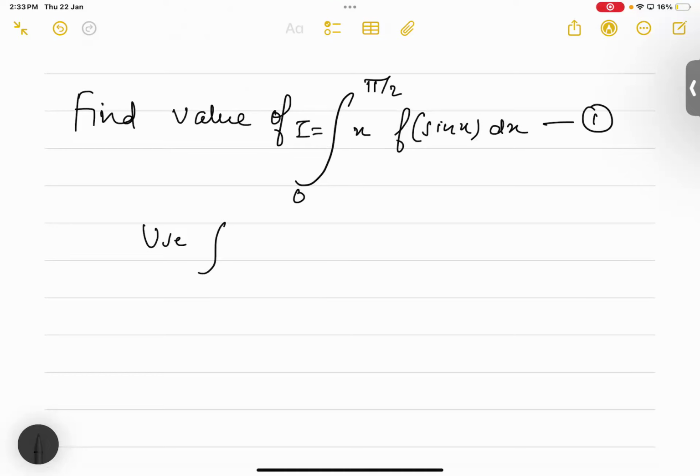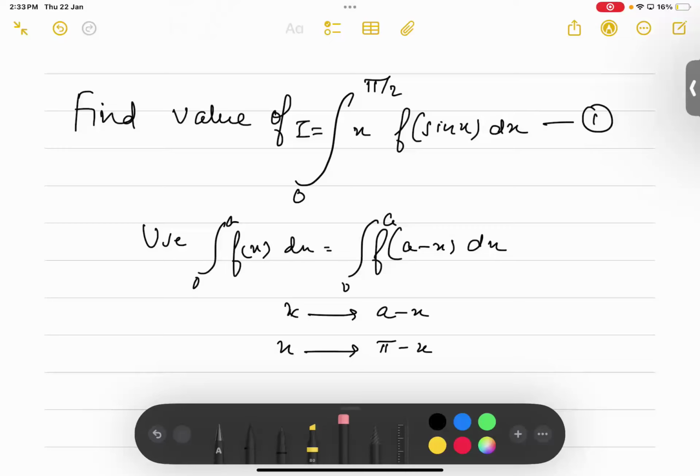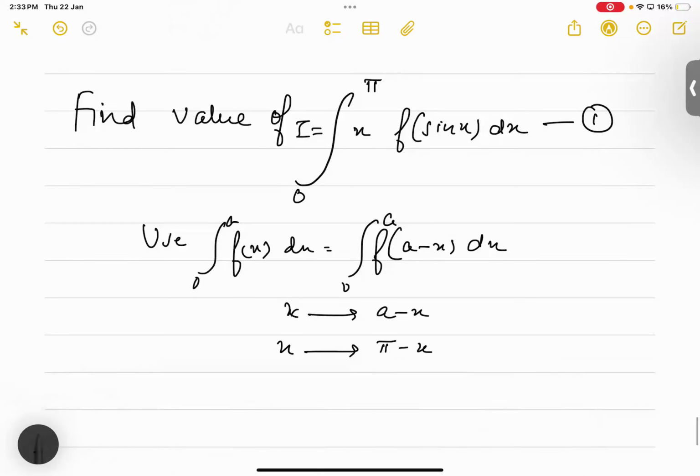Use the property 0 to a. X changes to a minus x. I'm really sorry, it's pi, it's not pi by 2. I copied something wrong. It's pi minus x.